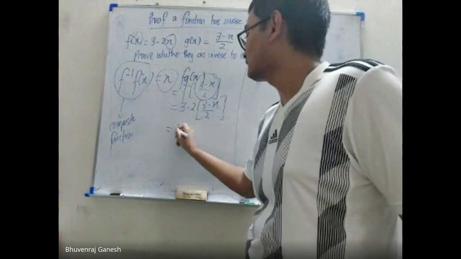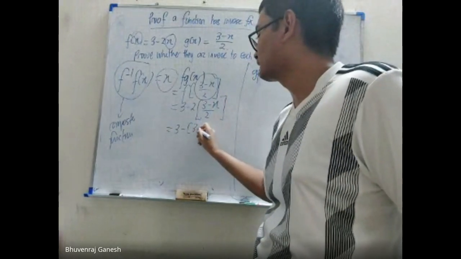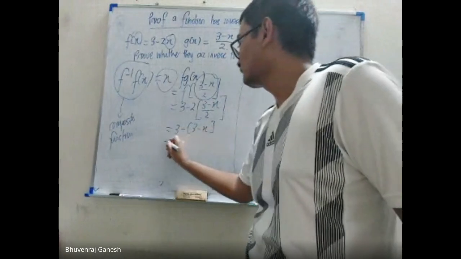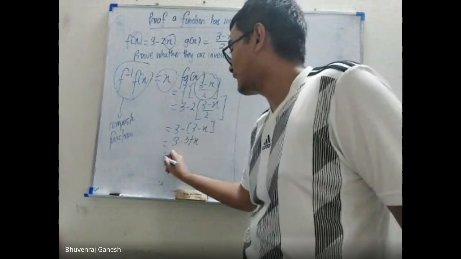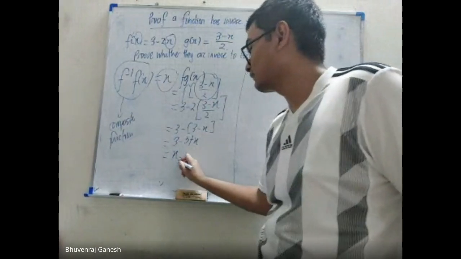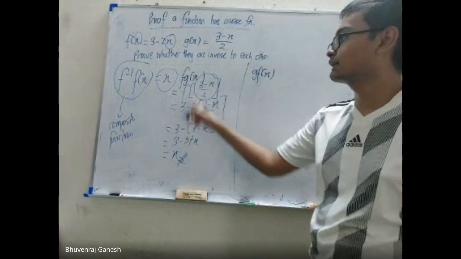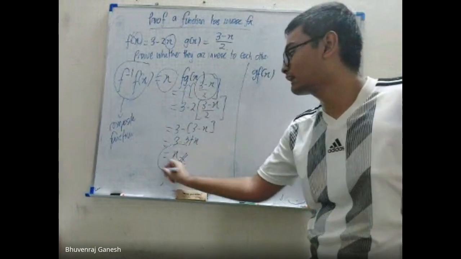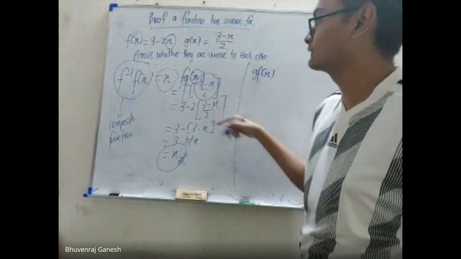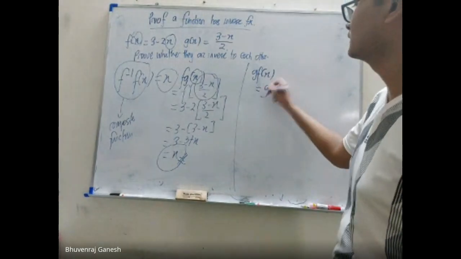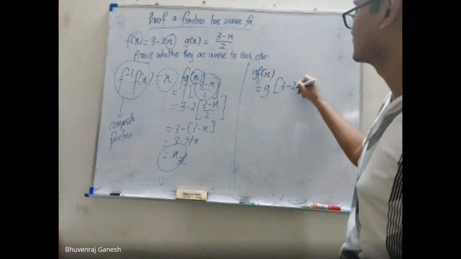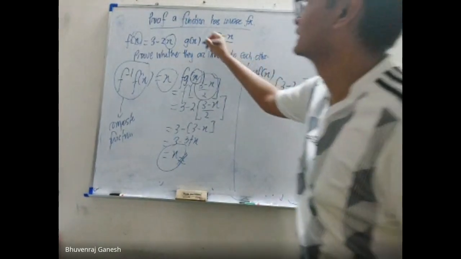So you will get 3 minus bracket 3 minus x. When you expand, you get x. But this does not tell any conclusion yet, because only one type of composite function gives you back the same object of x. So you have to try with another possibility. gf(x) is 3 minus 2x. So this becomes your object for the g function.